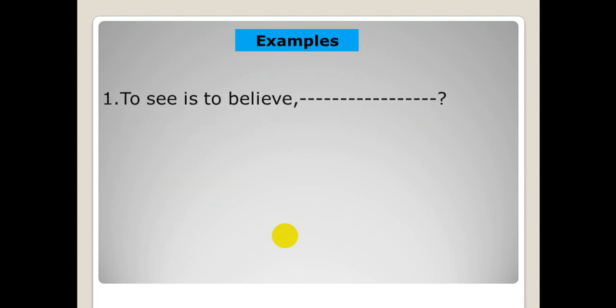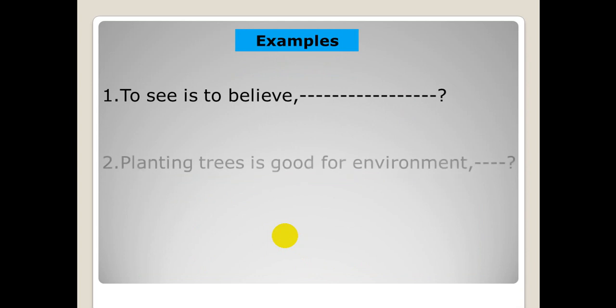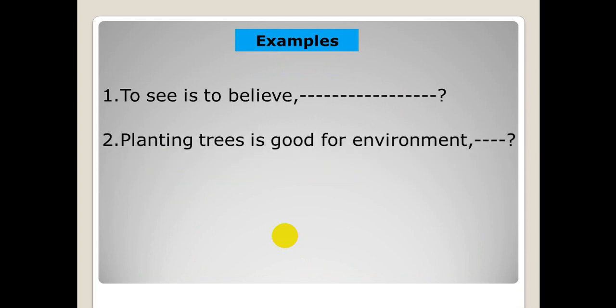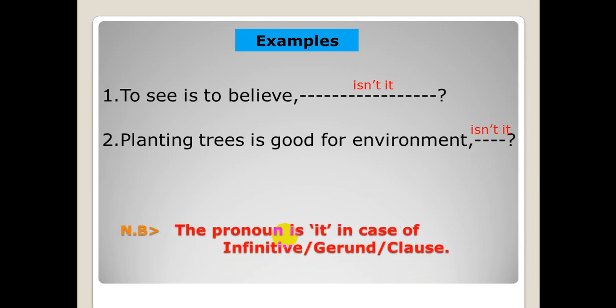Next, to see is to believe. Planting trees is good for the environment. So isn't it, and isn't it? I'm not going to give any explanation about isn't, rather I'm going to explain the pronoun of tags, because the pronoun is it.